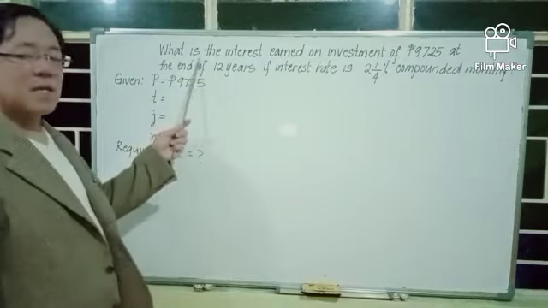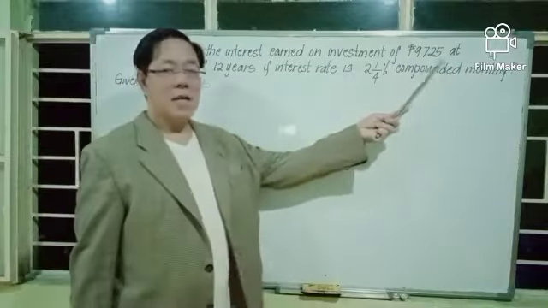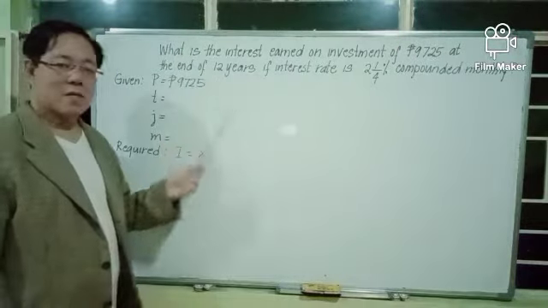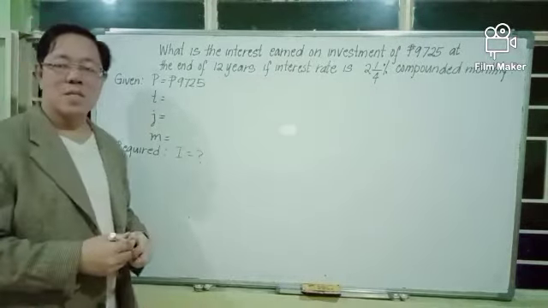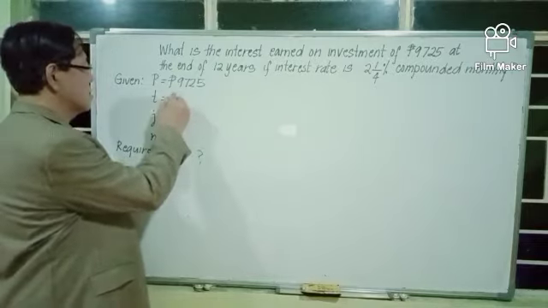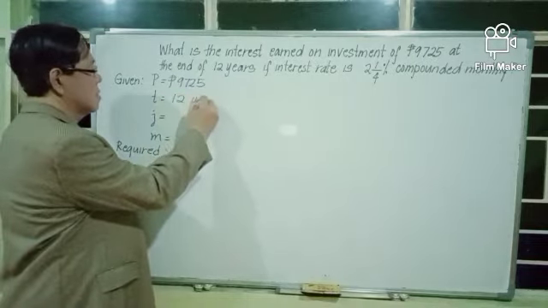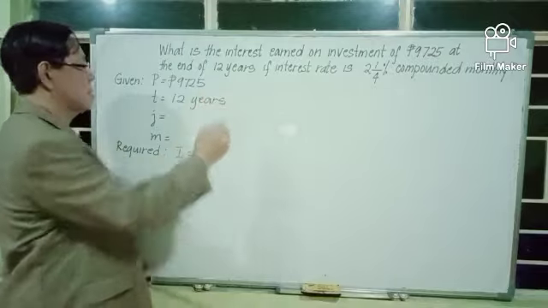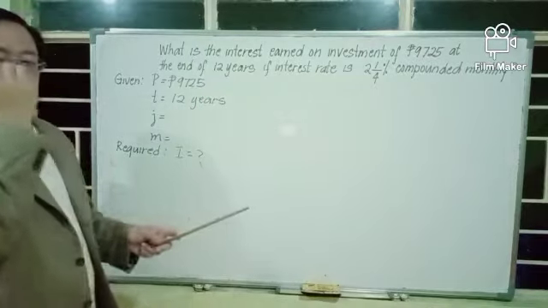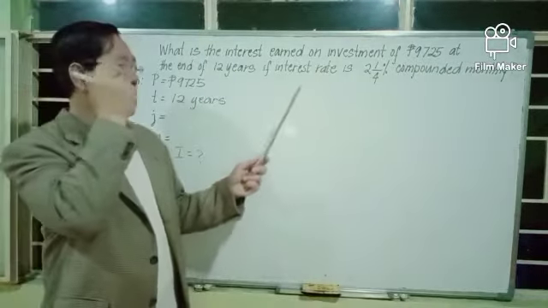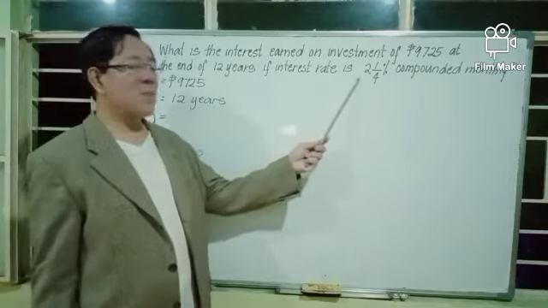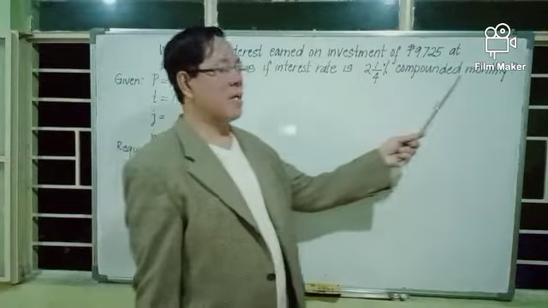And we are asked to find the interest earned at the end of 12 years. And that is our time T. At the rate of 2 1/4% compounded monthly.